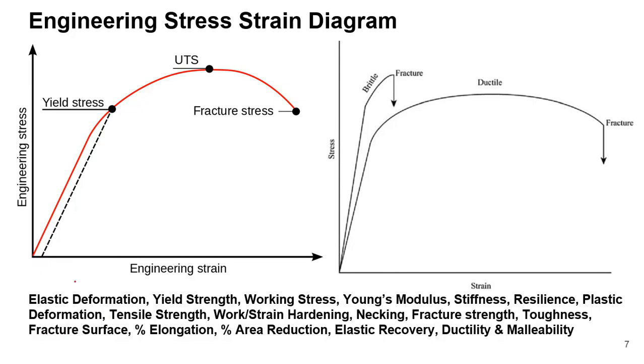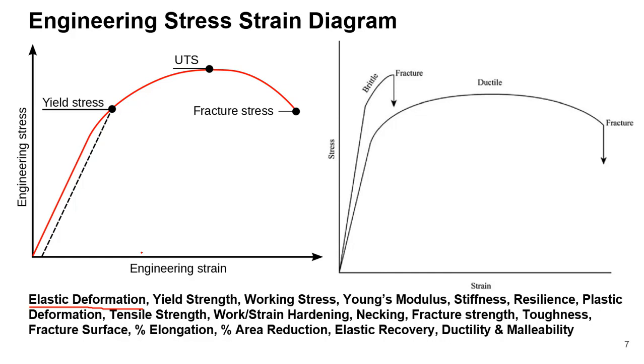Okay, so first is what is elastic deformation. Now see, elastic deformation is a deformation that is created because of some load which is applied, but if the load is removed, then again the component will come back to its initial shape and size. Okay, that means this process is a reversible process.